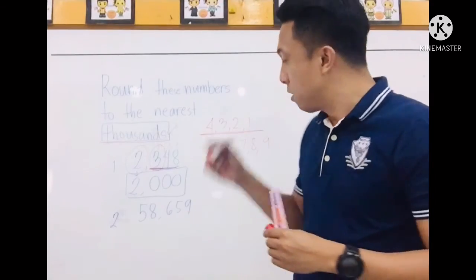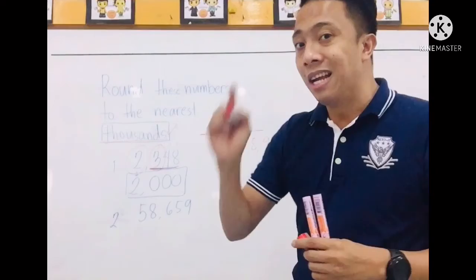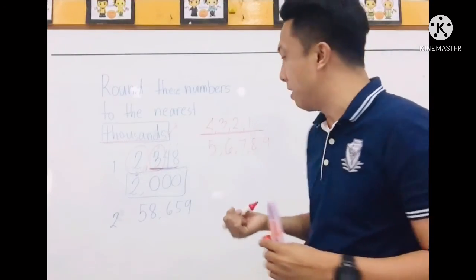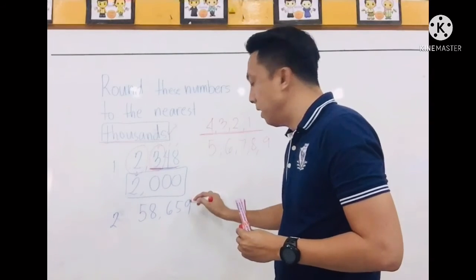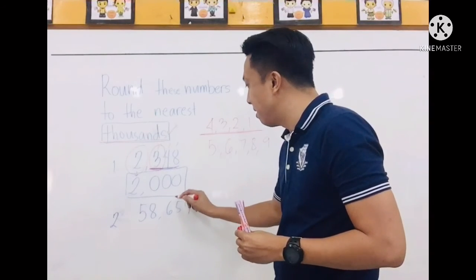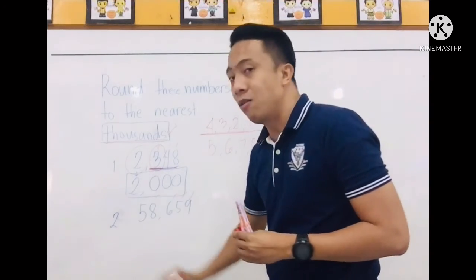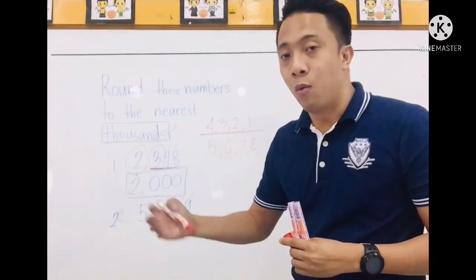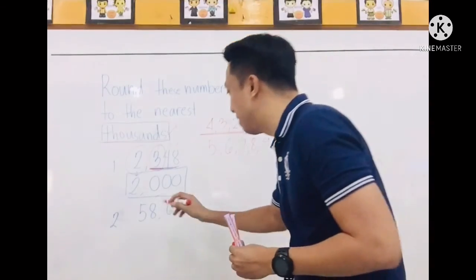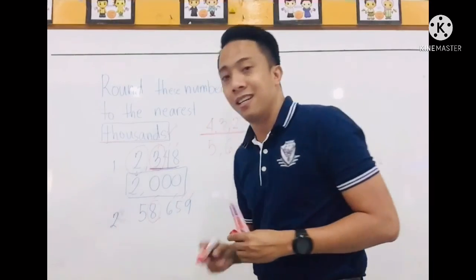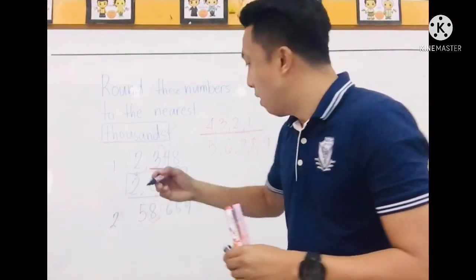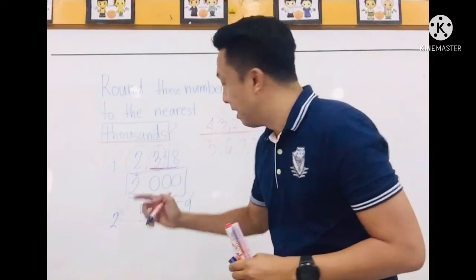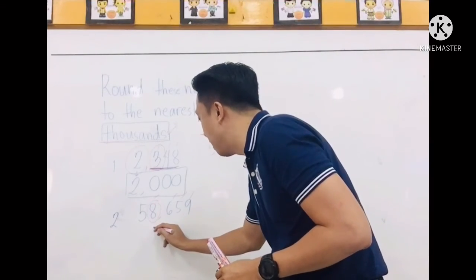We need to identify first the given digit in thousands place. Ones, tens, hundreds, thousands. So our number in thousands place is 8. We will write the given number, 8.